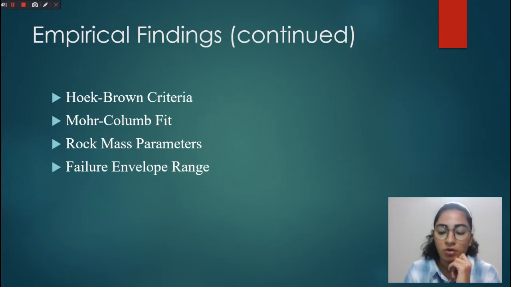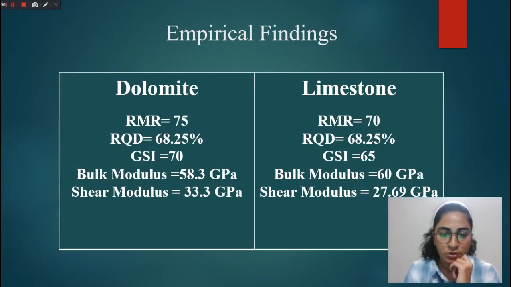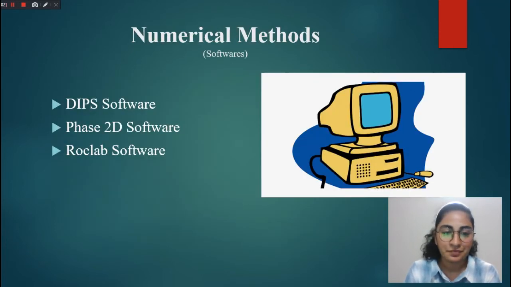Here are some other results we got using simple math: bulk modulus, shear modulus, and GSI. This segment shall be covered by my group member Mr. Mehran Saddat, so I will leave this for him to cover.